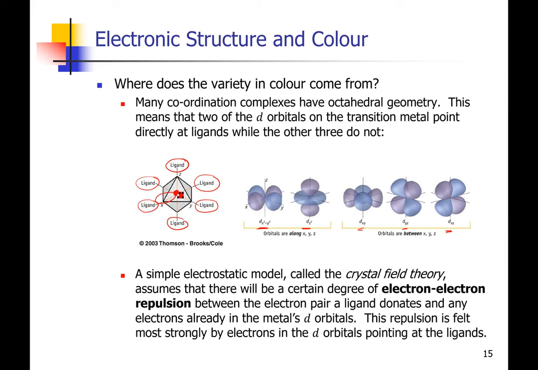And so our dx squared minus y squared is pointing right along these axes, right at the ligand. And our dz squared is pointing up and down with the donut around the middle. My picture's getting really messy and cluttered. But what you can see is that those 2 orbitals are pointing directly at the ligands.